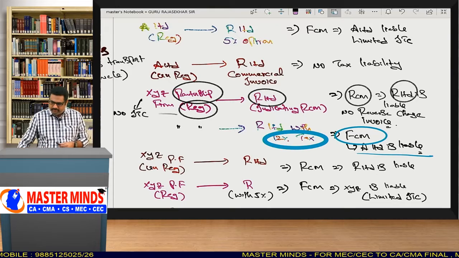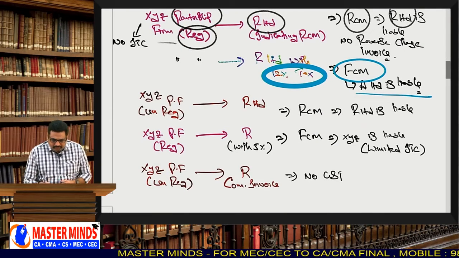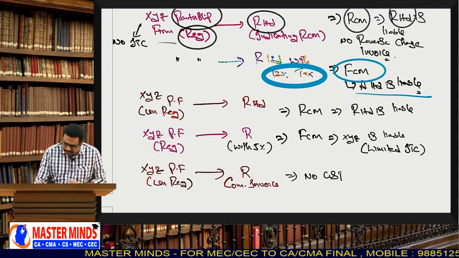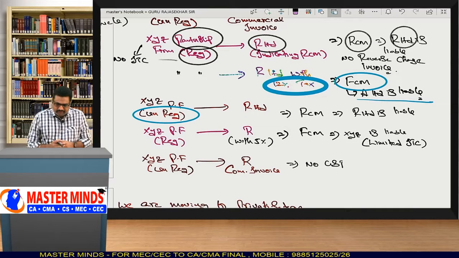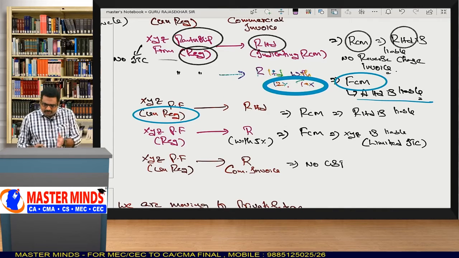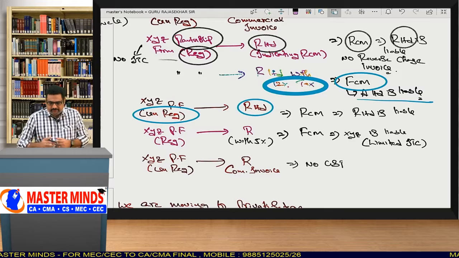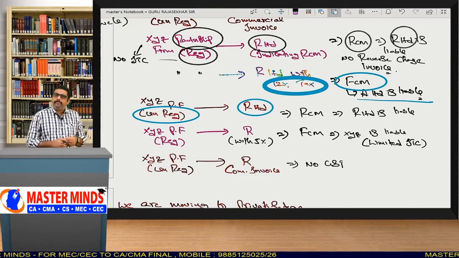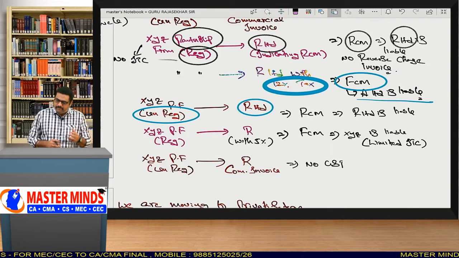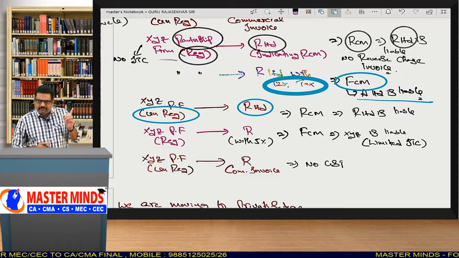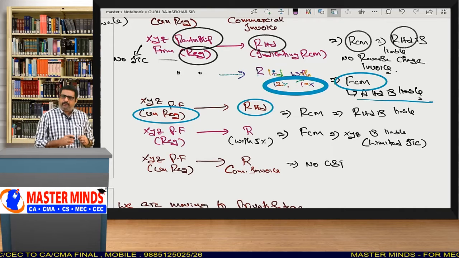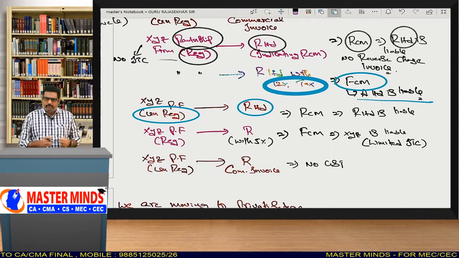And another example, XYZ is a partnership firm which is unregistered, and it is providing service to R Limited. Now what is your answer? In this case, is the supplier any person other than body corporate? Yes, other than body corporate.